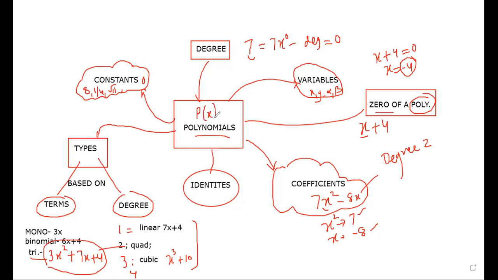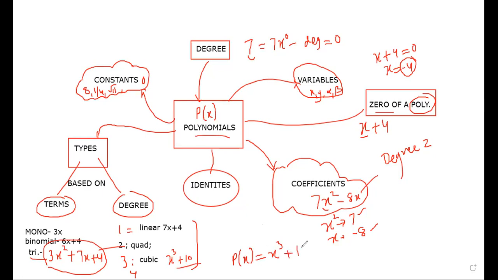If there are two polynomials, what name will you give the other? Qx, Gx, any name you can give like this. Suppose a polynomial is x cube plus 10. I can write P of x equals x cube plus 10.